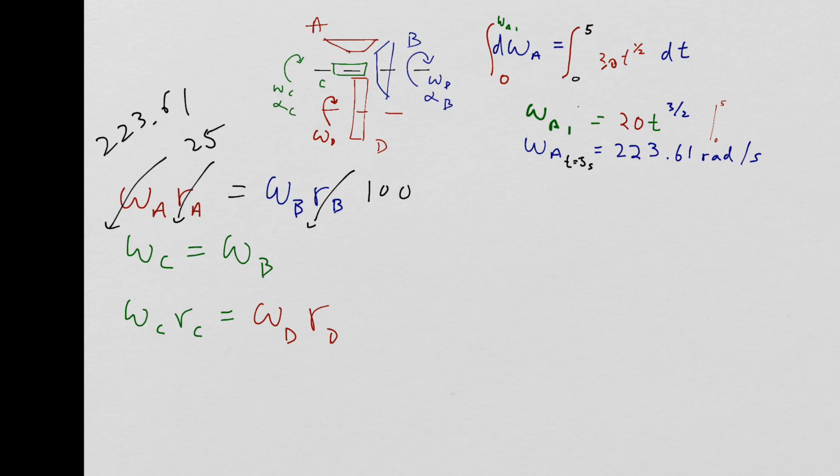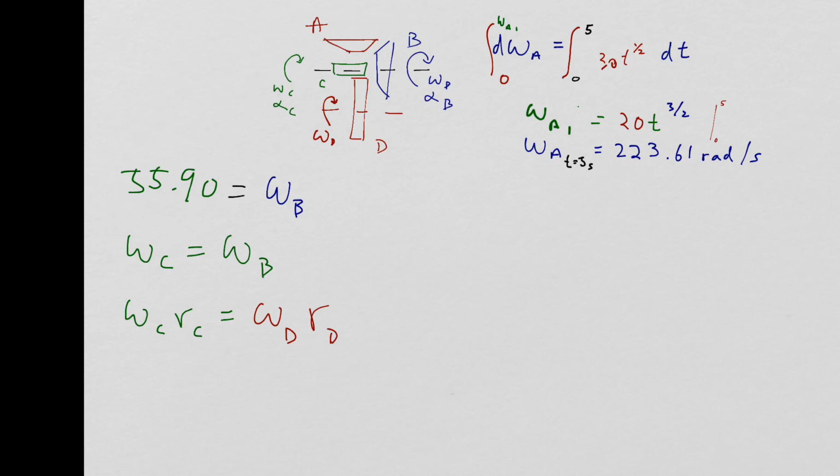So by doing so, we can get our omega B very easily. That will be 55.9 radians per second.